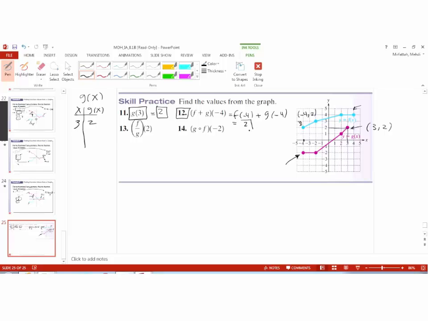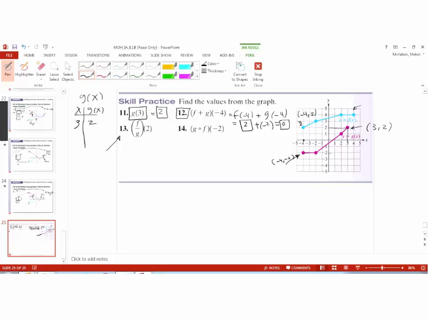So can you tell me what g of negative 4 is, Yvonne? g of negative 4, 0. No, negative 2. Negative 2, very good. This point right there. g of negative 4 is negative 2. Okay, so that would be equal to 0 then, right? Good. Right.